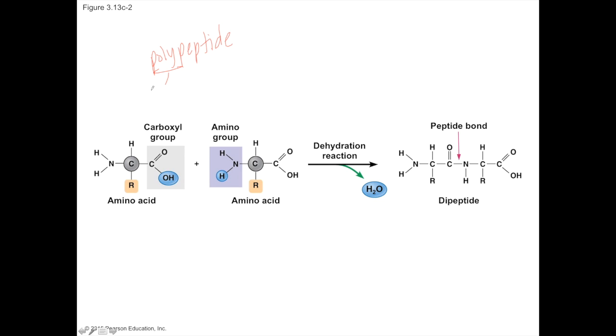That just means many peptides. You will often hear a protein called a polypeptide. Sometimes they're used interchangeably. At the end of the day, a protein is a polypeptide because you make a protein by bonding together lots of amino acids.